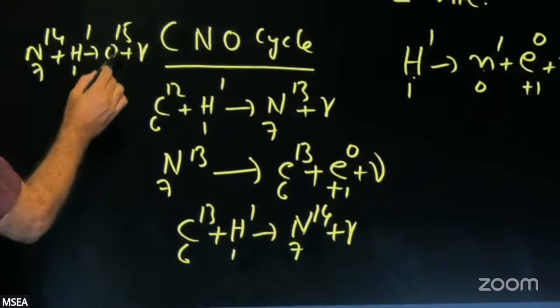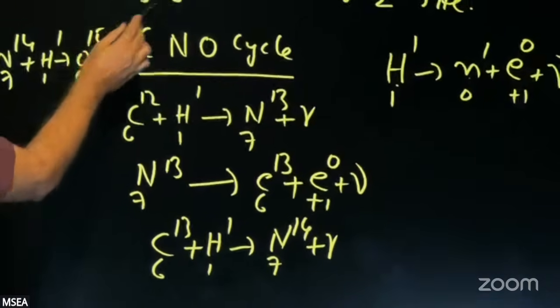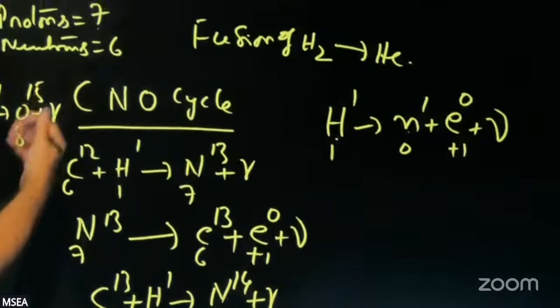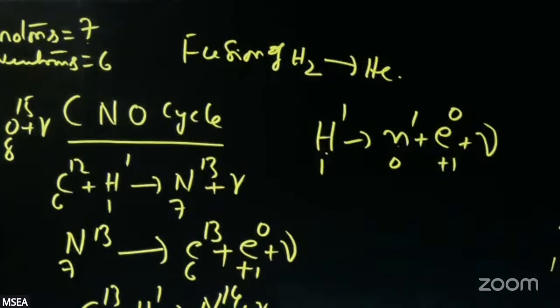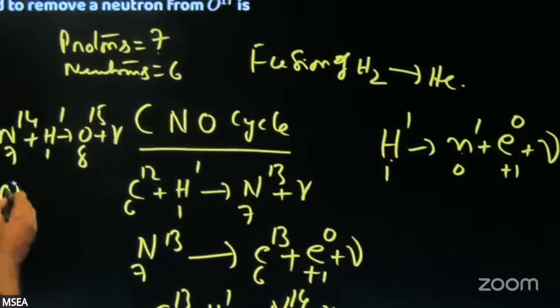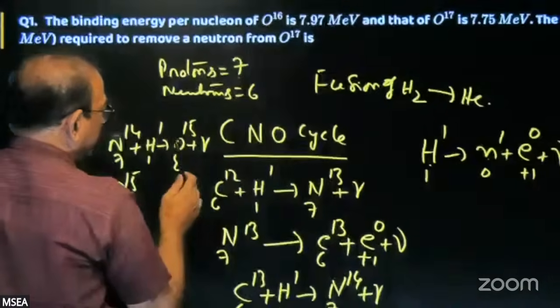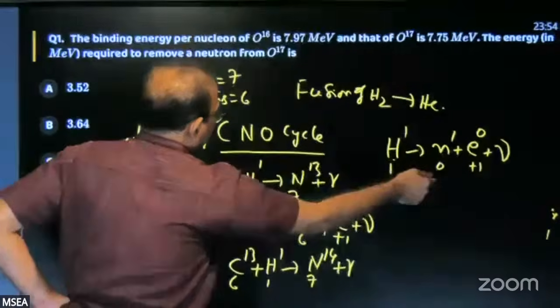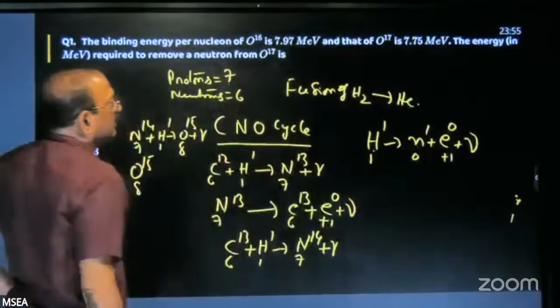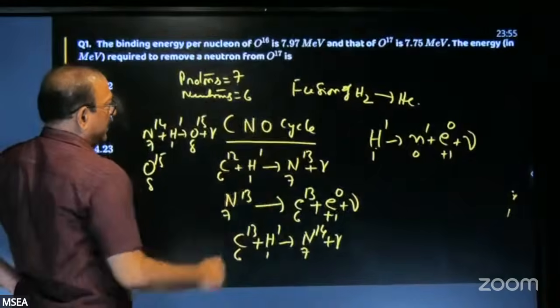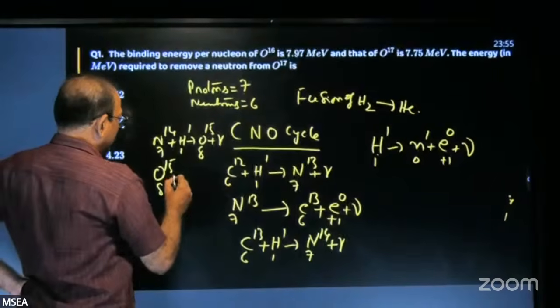This oxygen-15 again has 8 protons, 7 neutrons, the same thing: rich in protons, so it is unstable. Disintegration takes place in this manner. One proton in this nucleus converts into a neutron, releasing a positron, the antiparticle of the electron.